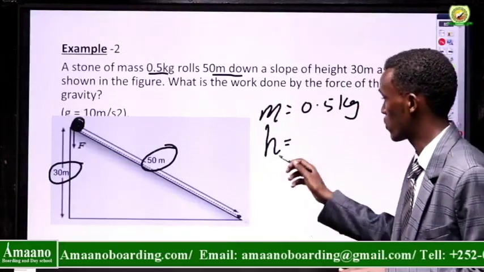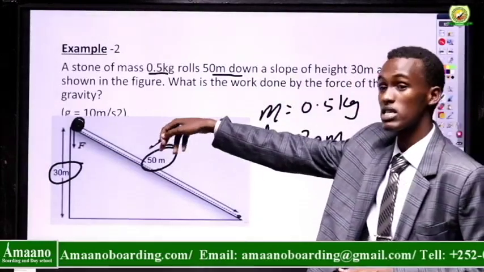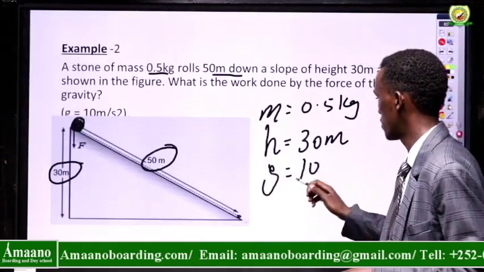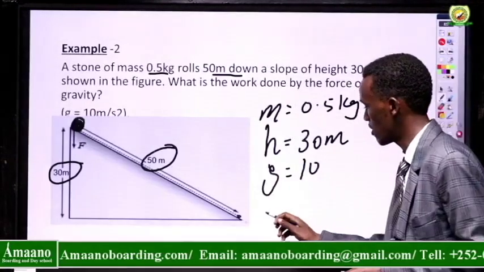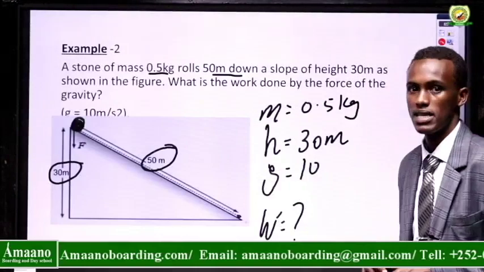So the height above the ground is 30, and also we have a constant, gravity, which is 10 meter per second square. Therefore, we need the work done by the gravity.